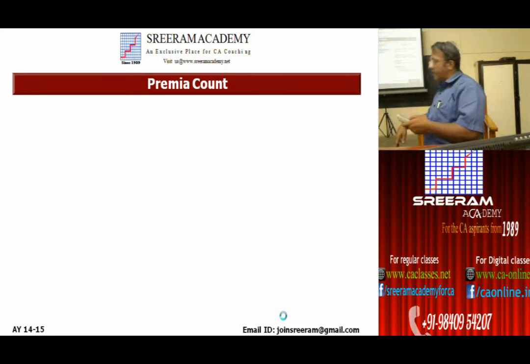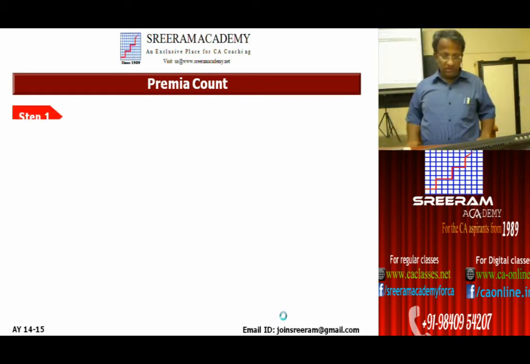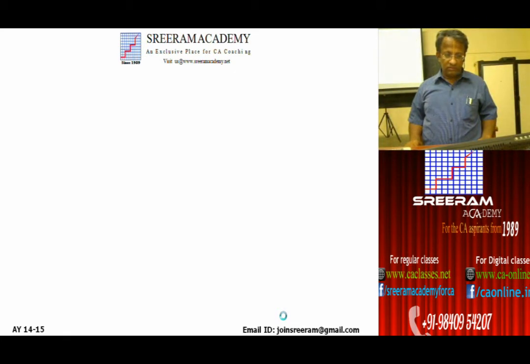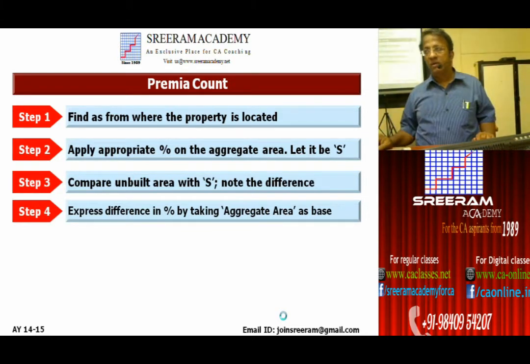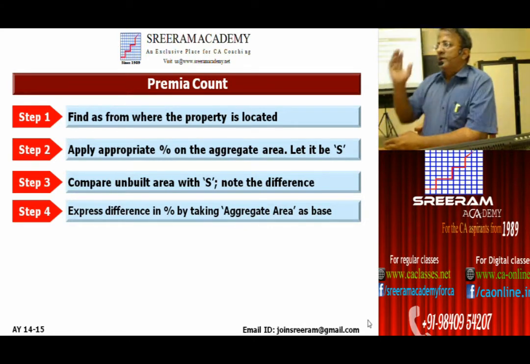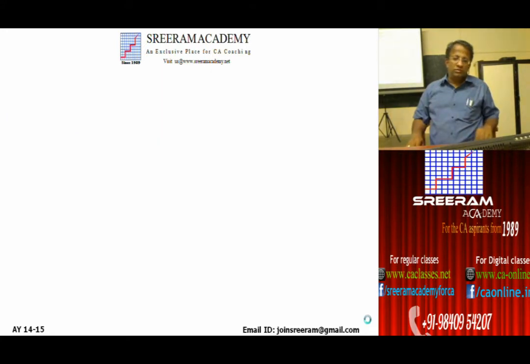Now, I want to take up stage 2. Premium count. How many steps are involved in this 6? I will unlock all this logic only when we are trying out. Okay, shall I proceed? How many more steps do you have? 2 more.